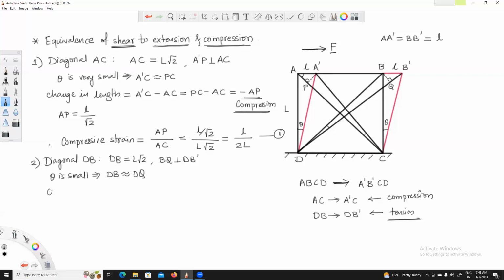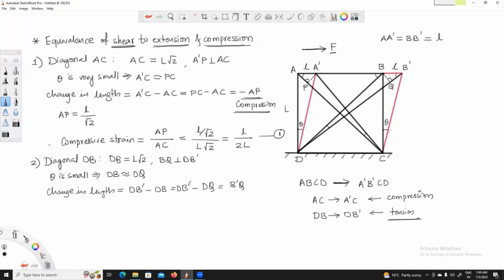So again, let me find the change in length. The change in length is equal to the final length DB dash minus the initial length DB. DB dash minus DB is approximately equal to DQ, and DB dash minus DQ gives me B dash Q. Again, if you look at this small triangle BQB dash, this angle was 45.